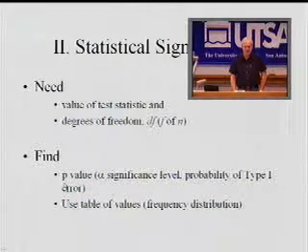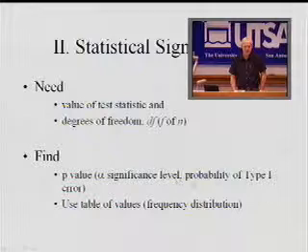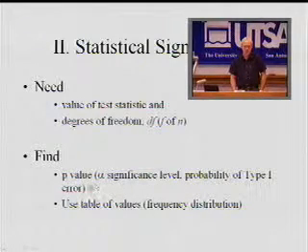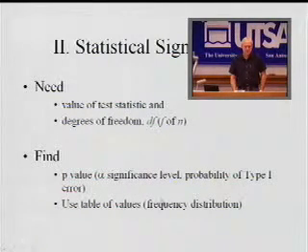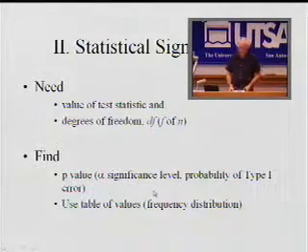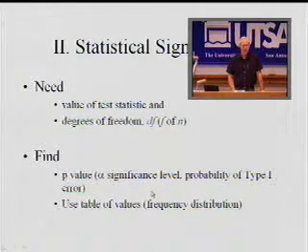And what we find is the p-value, the probability value, which is an alpha significance level, the probability of a type 1 error. So we're going to talk more about alpha significance level and the type 1 error as we proceed. You heard it mentioned in what I read from the printout of the website. And we'll define that in greater detail.